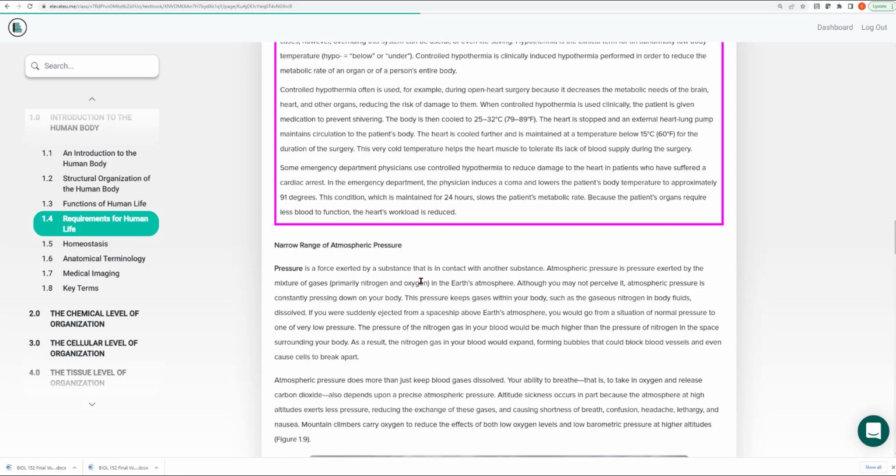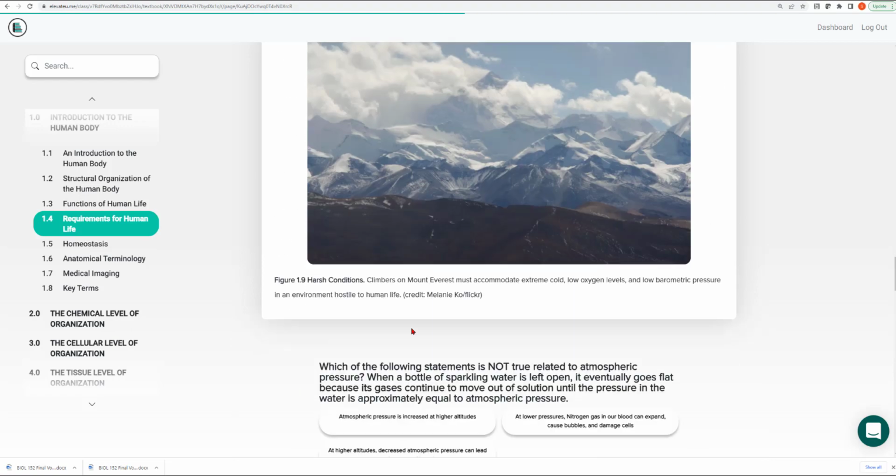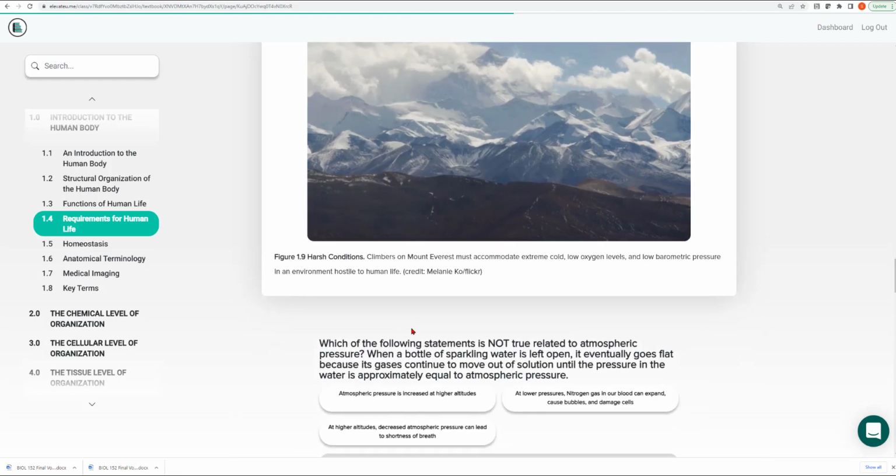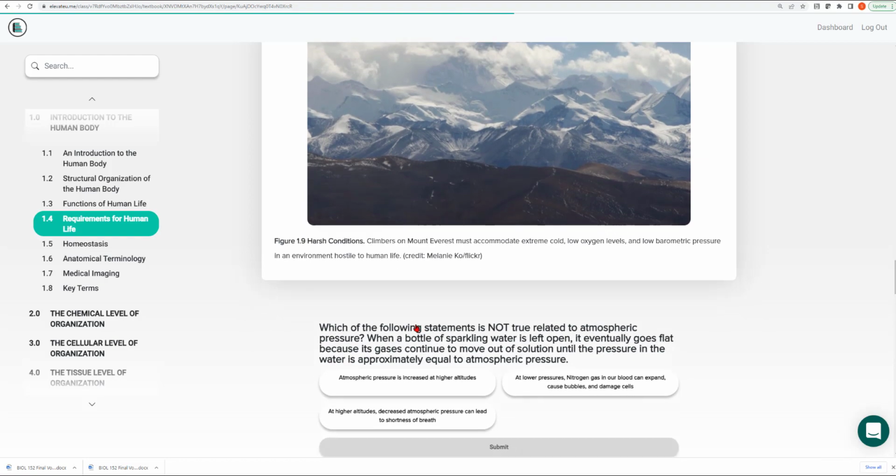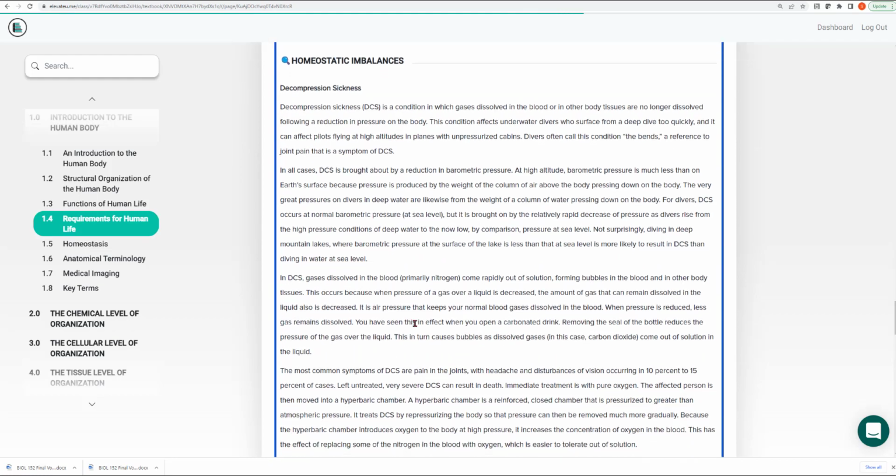Or this is why if you're climbing up a high mountain, you need to be very careful in how fast you ascend up the mountain, because the atmospheric pressure is changing, and that makes life more difficult or even impossible if you are at a too high or too low a pressure. So those are the characteristics of human life: oxygen, nutrients, temperature, and pressure. And that is the end of this little section.